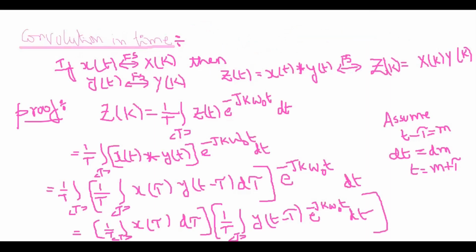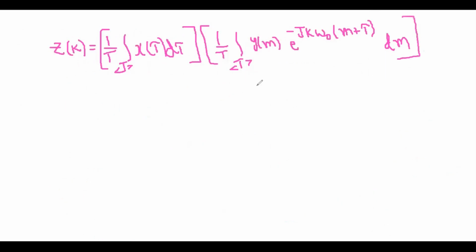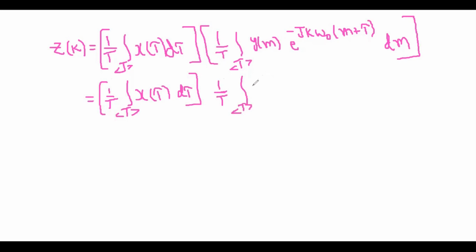Okay, the whole thing within the parenthesis is equal to 1 by T, the integral over T, x of tau d tau, as one function here, and this one is 1 by T, the integral over T, y of m.